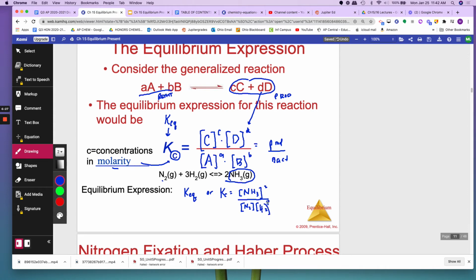So you might wonder, what do I do with this formula? Well, you figure out how much NH3 you make and plug it in. Let's say it's 10 molar, and then you square it. When the reaction is done, you have reached equilibrium. Let's say N2 is a 5, then you plug it in, and let's say H2 is a 1 at equilibrium, to the power of 3. Multiply the numbers, you'll get a number, and that is your K equilibrium. I made these numbers up.